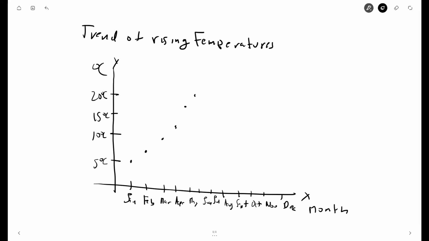For July 22. For August 21. September 18.